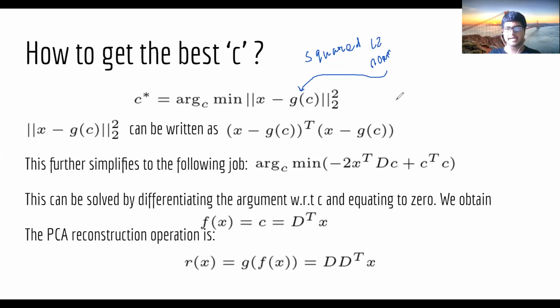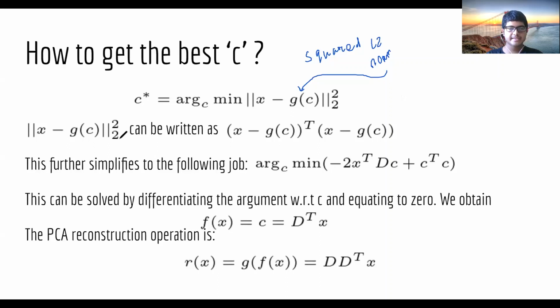C, remember, is an L dimensional vector. G of C is an n dimensional vector, which is almost as close to x, so that PCA works, because we don't want to lose much of the information. Clear? So our aim is to minimize the squared L2 norm of the vector x minus gc. Only the L2 norm works, but we use the squared L2 norm because that would make things simpler later. There is no root.